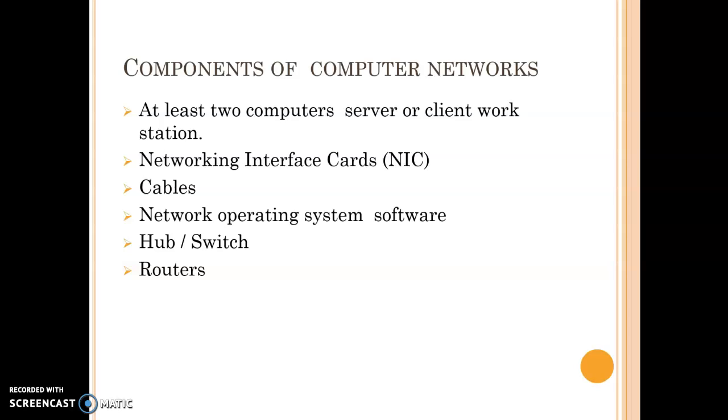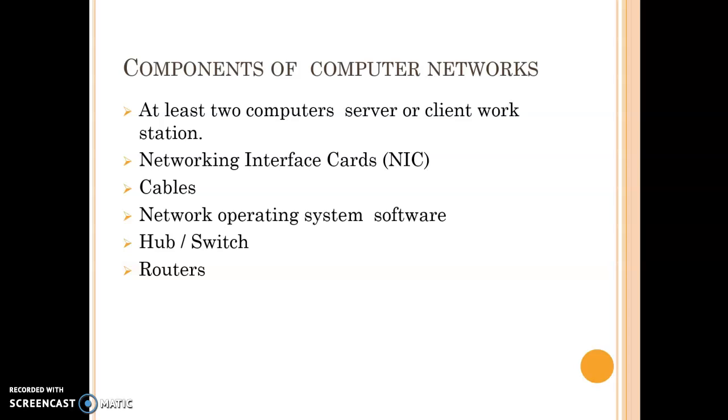In order to get connected to networks, different devices and gadgets are used. Cables are fundamentally used. We might have already heard of RJ45 cables, which are used when connecting LAN, local area network, connections.